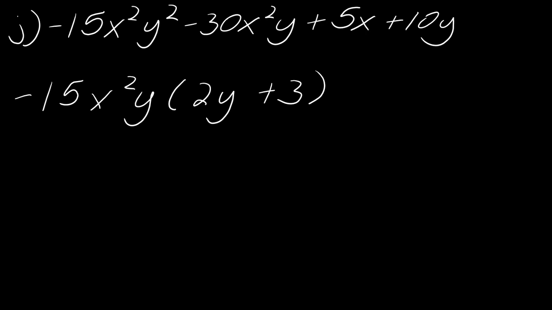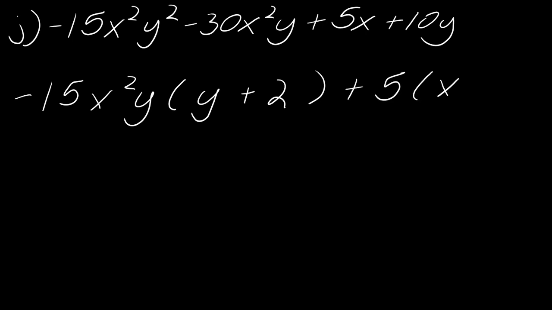And then, sorry, this should have been y plus 2. My bad, sorry. And then out of the second two terms, it looks like I'm going to factor out a 5. So this becomes 5 times x plus y.